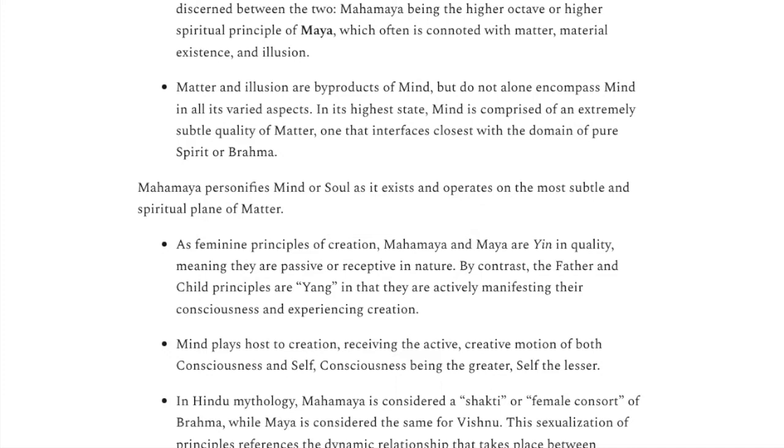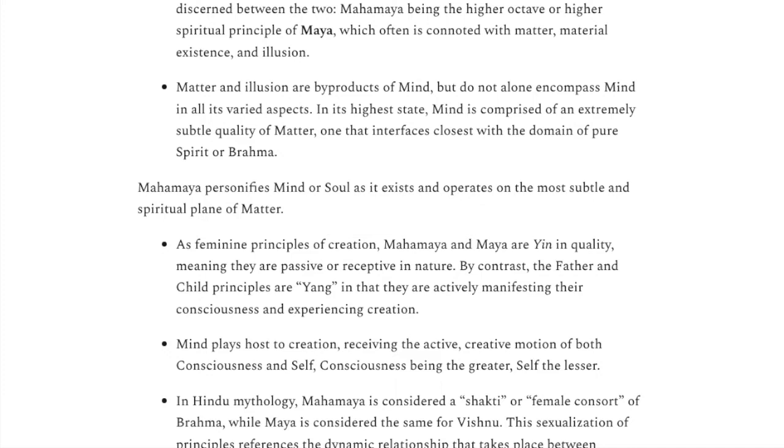So the two levels, Mahamaya and Maya, have to do with consciousness and self. Consciousness is this absolute, and self is a more defined version of it, a defined state of this absolute principle of consciousness. In the same way, Mahamaya and Maya have a similar relationship.